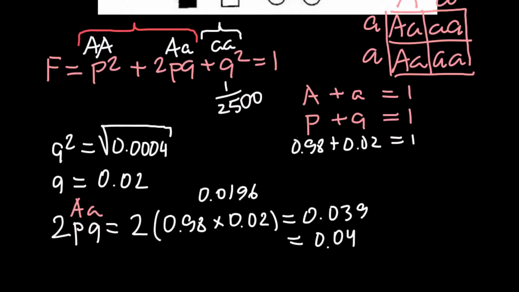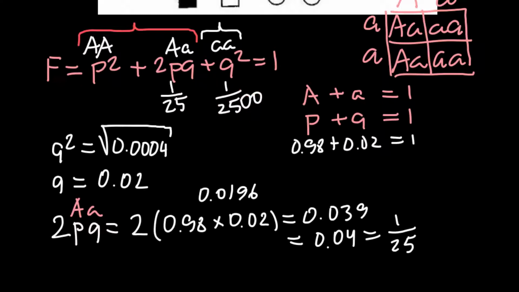Because all our answers are given in fraction form, we can say that this would equal 1 divided by 25. So let's return. So what we have found is the frequency of the people who are carriers. 1 out of 25 people would be carriers.